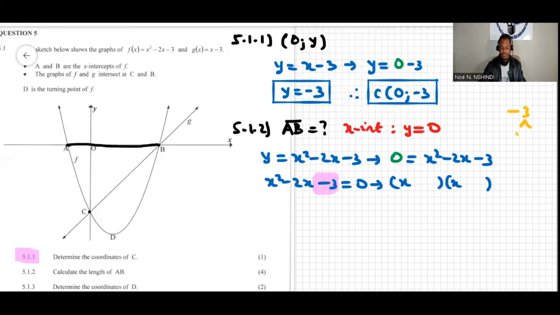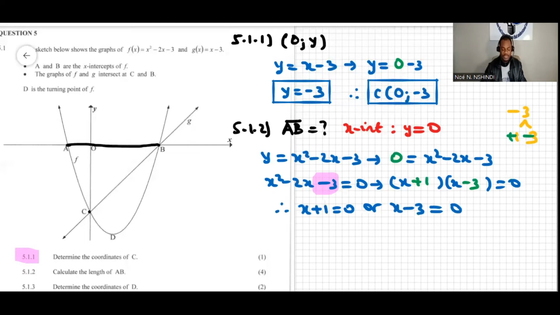Let's list all the factors of 3. They are just 1 and 3. Now, to get -2, this is possible if this is +1 and I write -3. Of course, you see 1 times -3 makes -3. Then over here, I can place in (x + 1)(x - 3) equal to 0. Therefore, x plus 1 equal to 0, or x minus 3 equal to 0.